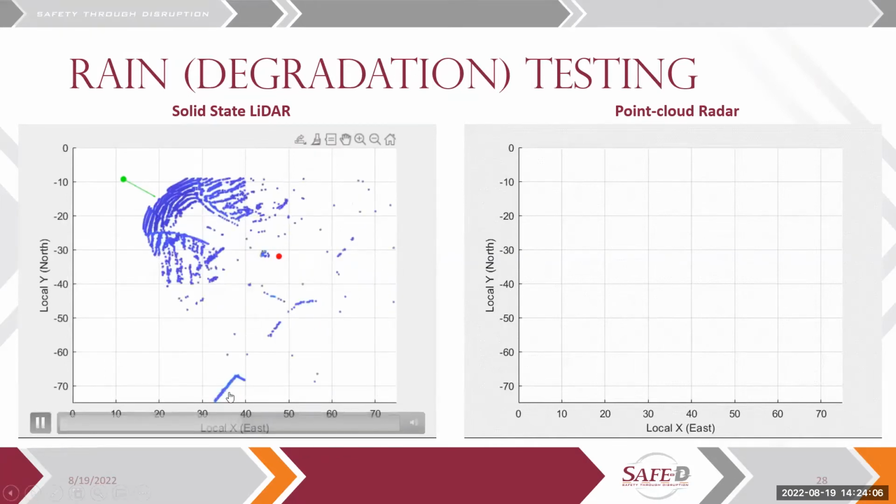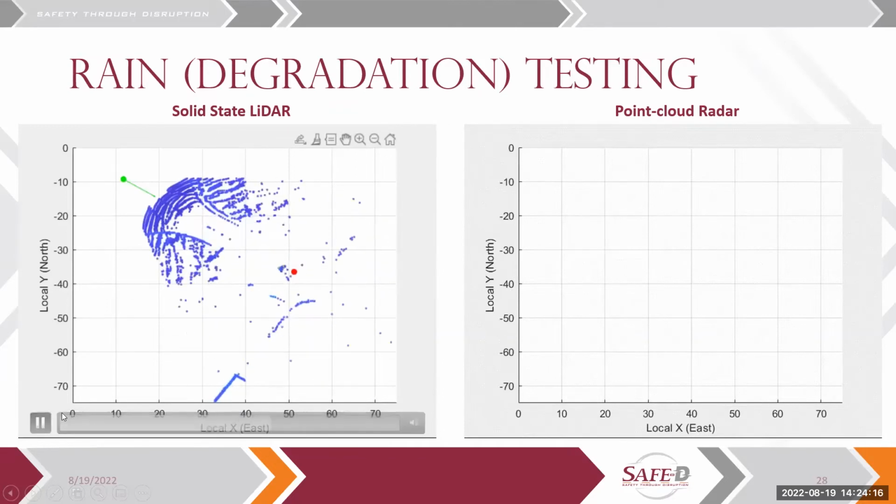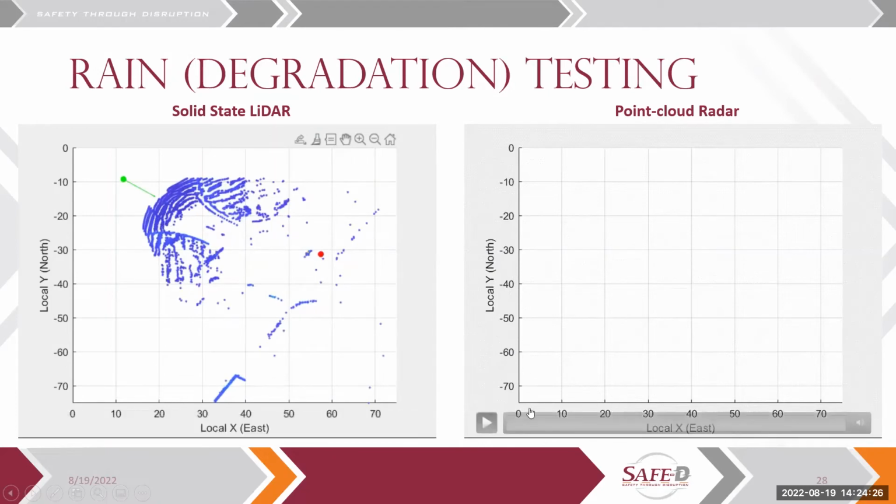Then of course the target vehicle goes from pretty dense to, once we get through the rain cloud, we start losing points on the vehicle until it turns around here and you get the broadside and you get a lot of highly reflective points. So that was the LiDAR data.